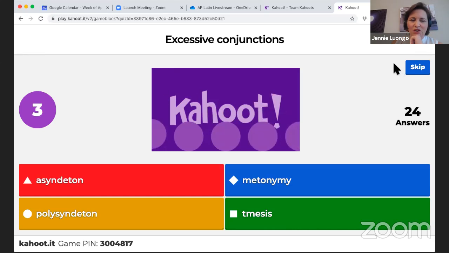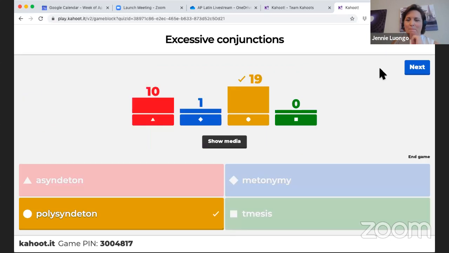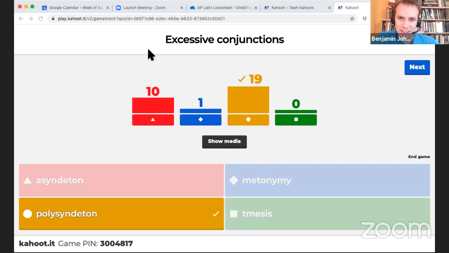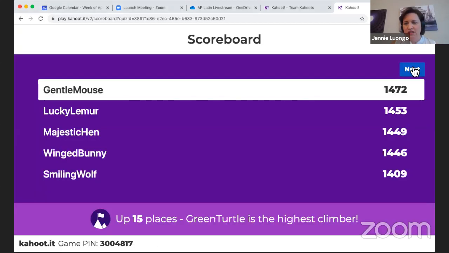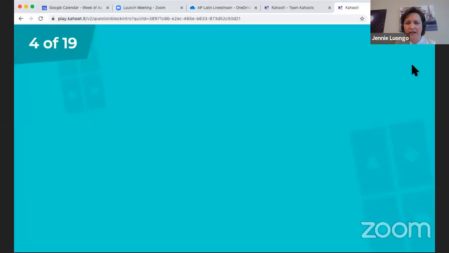So tres, duo, unus. Here we go. Wow, 30 responses. Asyndeton really drew some people in. Absolutely. So polysyndeton is where you have many conjunctions. Poly means many. Asyndeton is its opposite, the lack of conjunctions. So it may be just that you saw syndeton and hit it, but be careful on that.